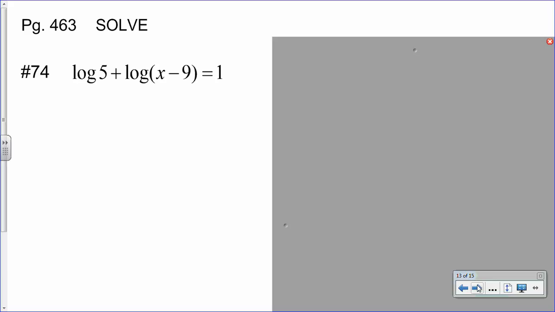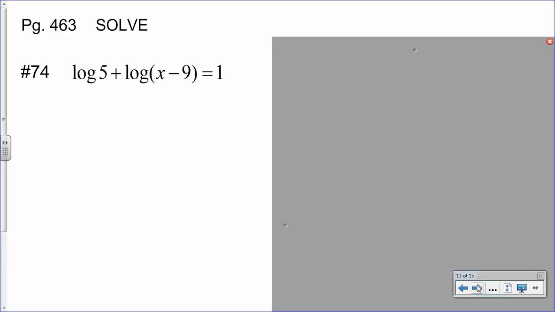When you are solving, you have to check your answers because logs have issues with the domain, like radicals, like rationals. Whatever you take the log of has to be positive, greater than 0. So when I solve for x, I have to make sure that if I plug it back in, when I take the log of it, whatever I take the log of, that it's a positive number here. Okay, so we got to keep that in mind, meaning there could be extraneous solutions.